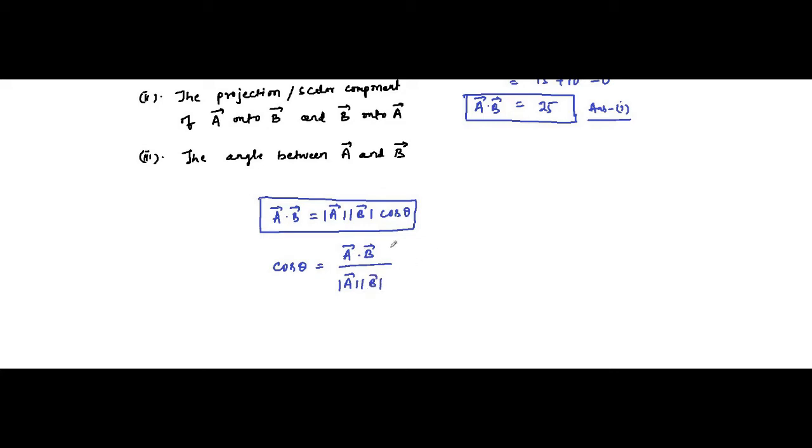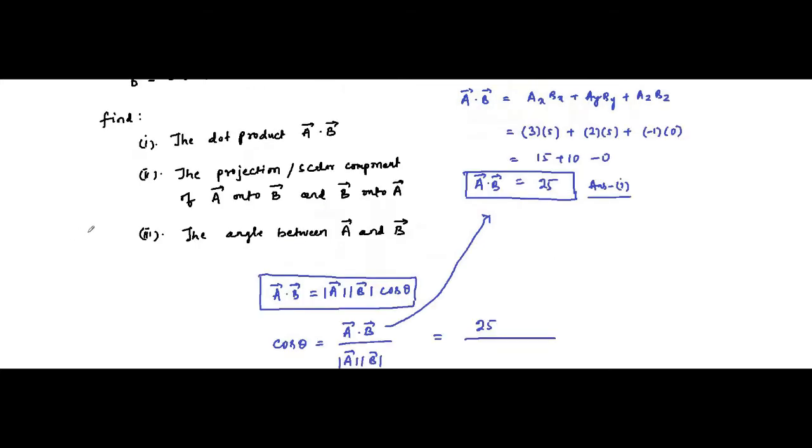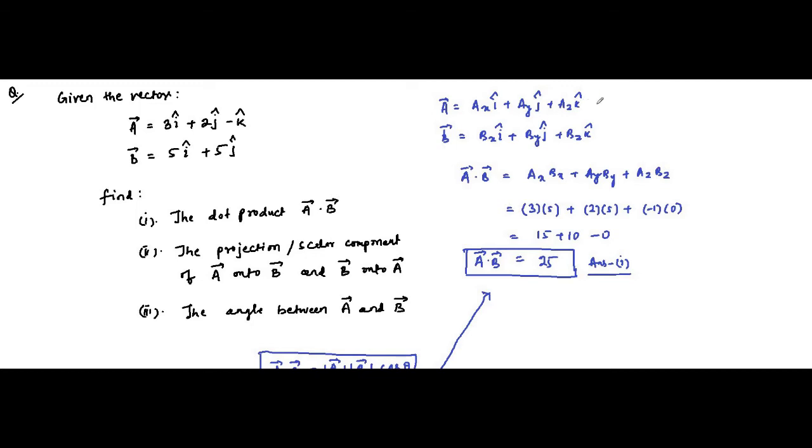a vector dot b vector we have calculated here, which is equal to 25. So here it will be 25 divided by a vector modulus. So we know when a vector is represented as this, the modulus is expressed as the root over ax square, ay square, az square.